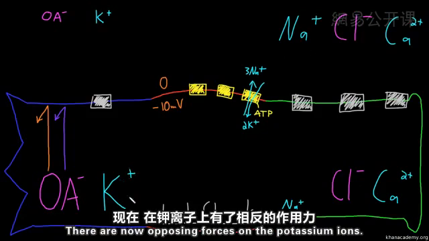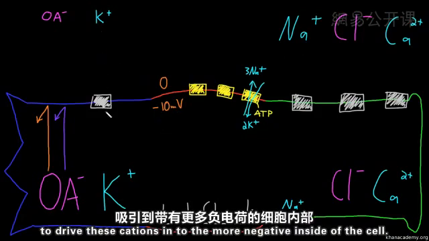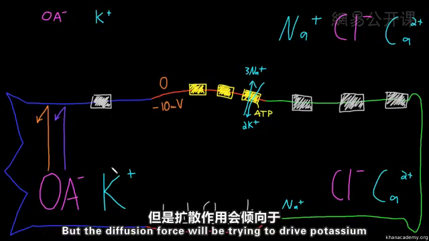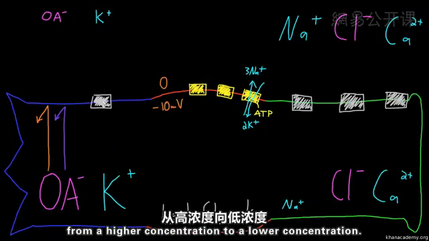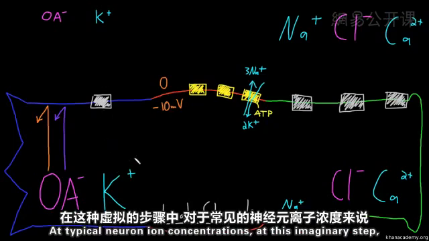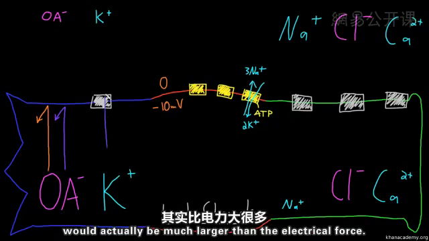It's going to be so small it's not even worth considering. There are now opposing forces on the potassium ions. The electrical force will be trying to drive these cations in to the more negative inside of the cell, but the diffusion force will be trying to drive potassium out of the cell from a higher concentration to a lower concentration. At typical neuron ion concentrations at this imaginary step, the diffusion force would actually be much larger than the electrical force.